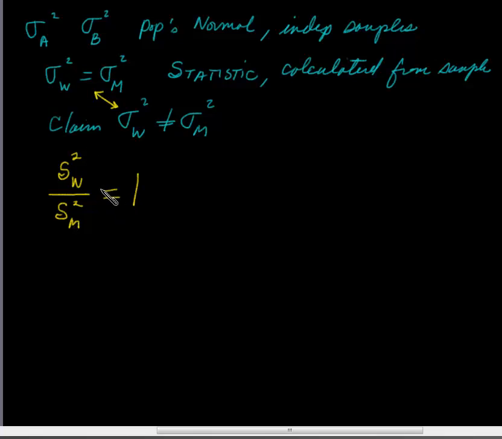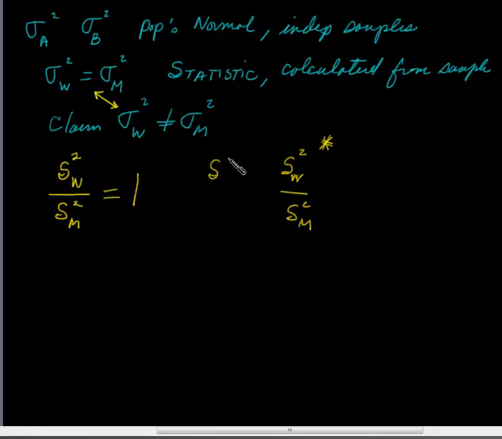Now, I would need to know the probability distribution for this statistic, because I would take my samples and compute S squared W over S squared M. If I computed that for a particular sample, I might put the little asterisk on it, as has been our habit in the past, to indicate that it's the observed value.